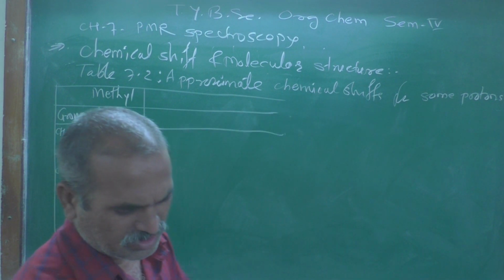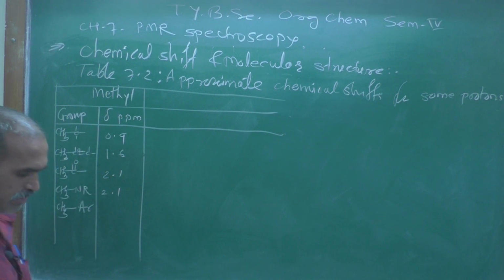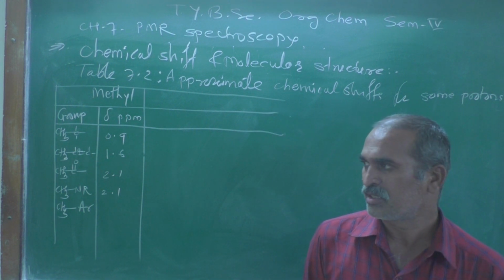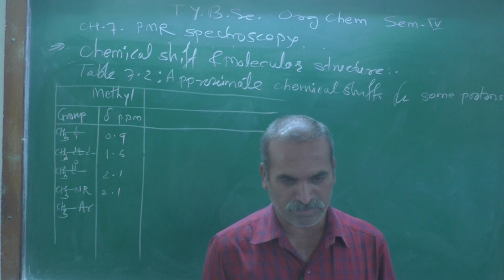Let's see the same methyl group, CH3, attached to an aromatic moiety, meaning benzene, which we know is the simplest aromatic compound.